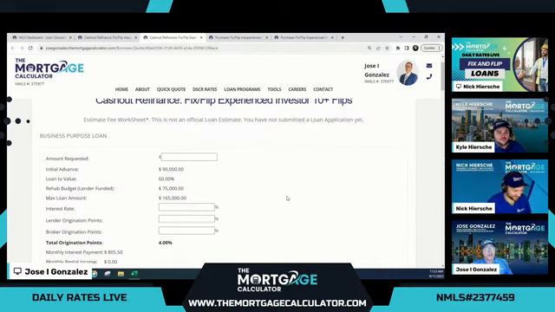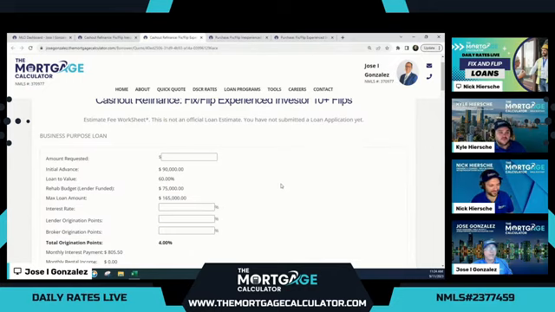So they're financing 100% of the rehab and giving at closing 60% of the as-is value. So you get $90,000 at closing, and then the $75,000 is paid in draws throughout the process. So pretty good deal.